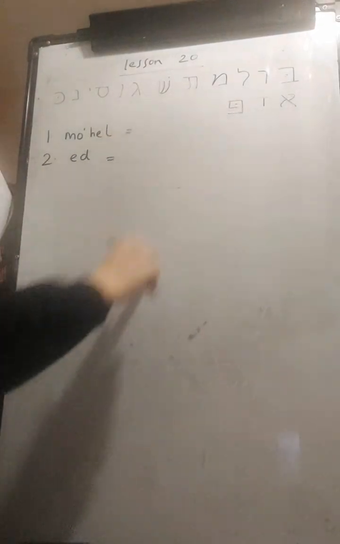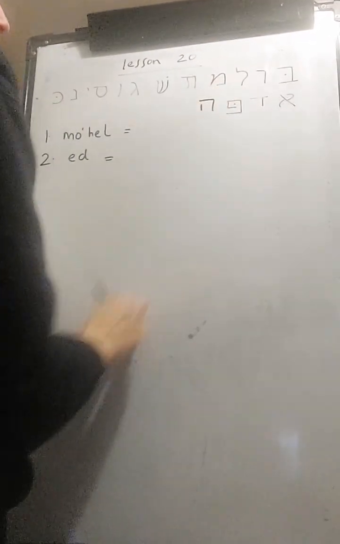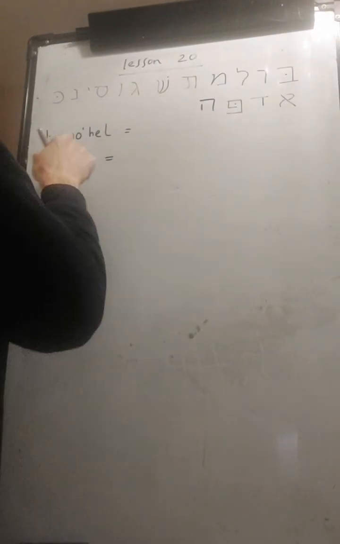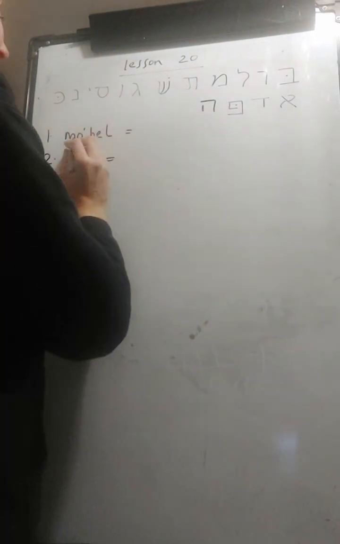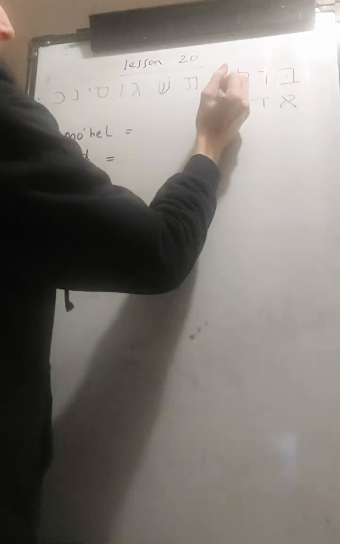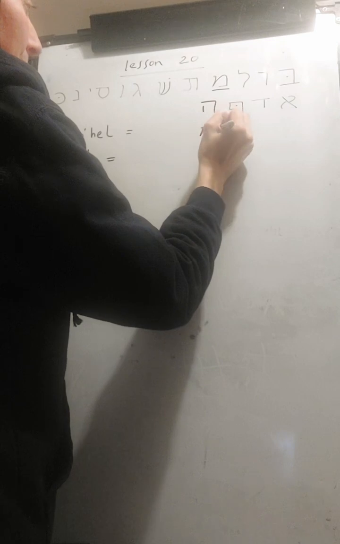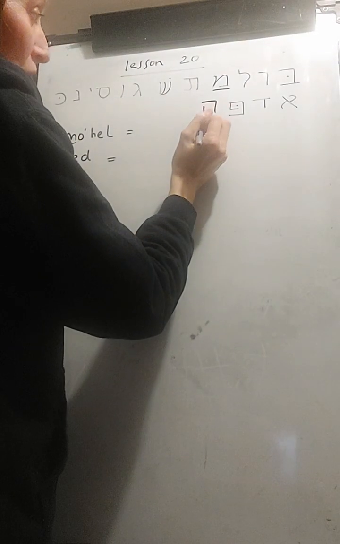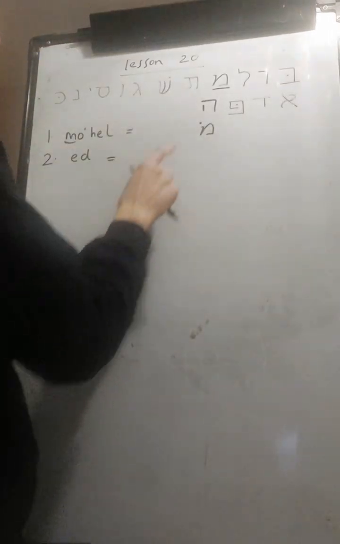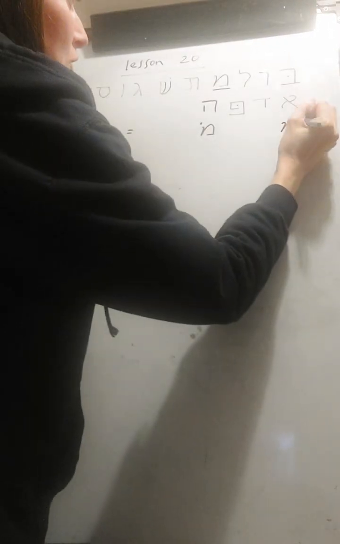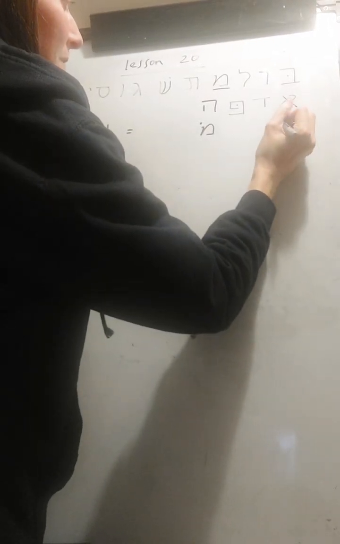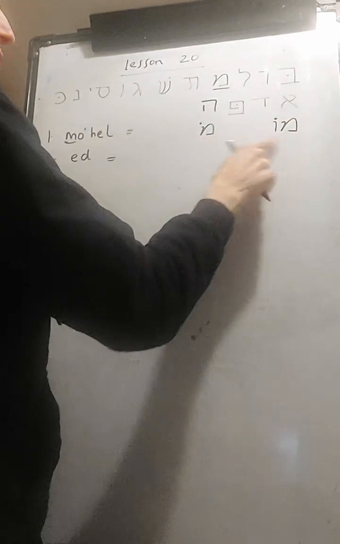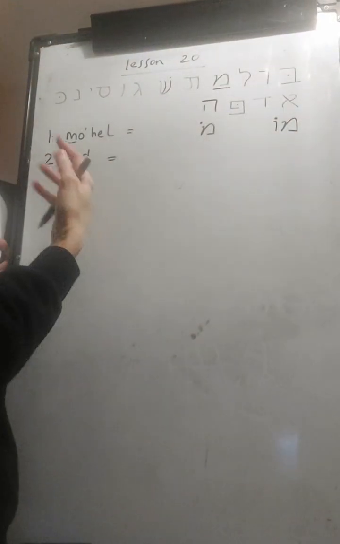Okay, so again, using our letters that we've done so far. So mohel. What would we need first? We need m, so we'd use the mem. Then the O vowel. It's your choice: you can put the dot to the top left, or you could also write it with a vav and the dot on top. Mo, they both read the same. It wouldn't matter, it's just for you to know how they sound.